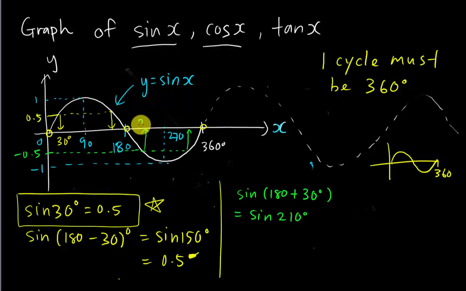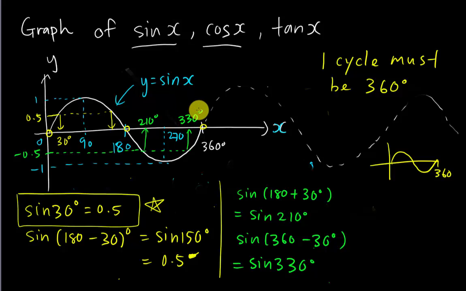And the last one will be sine 360 minus 30 degrees, so it will be sine 330. If you want to prove whether my answer is correct or not, you can just type it in the calculator. Sine 210, the calculator will tell you negative 0.5. Sine 330, the calculator will tell you negative 0.5.